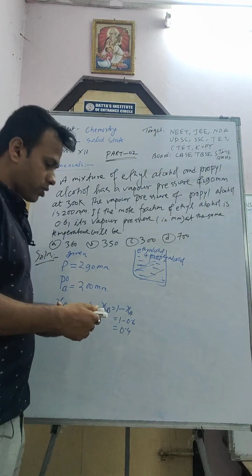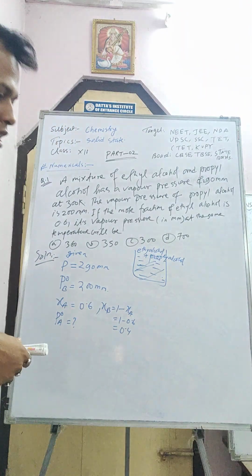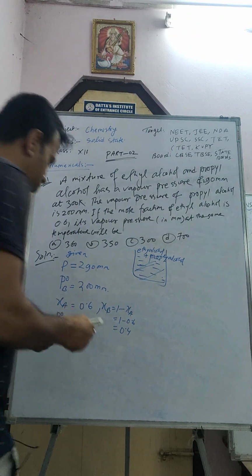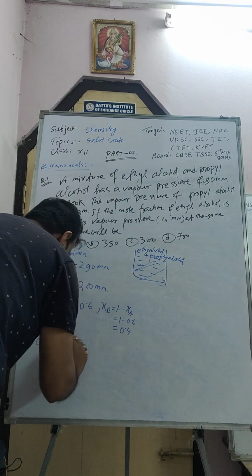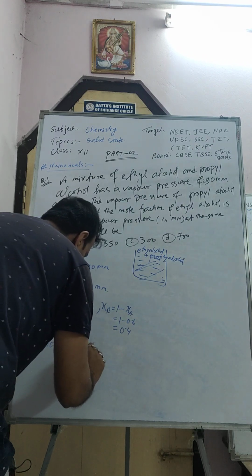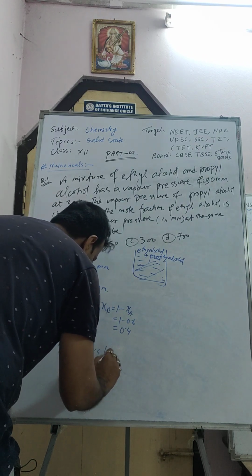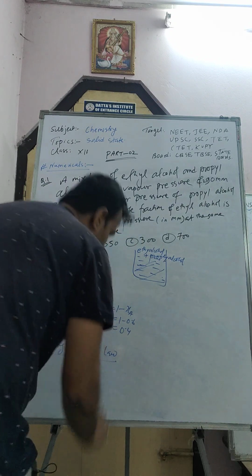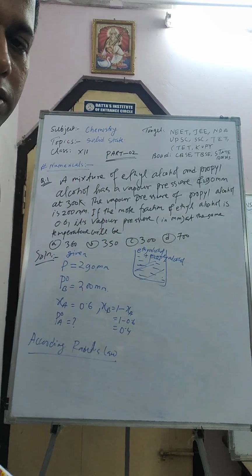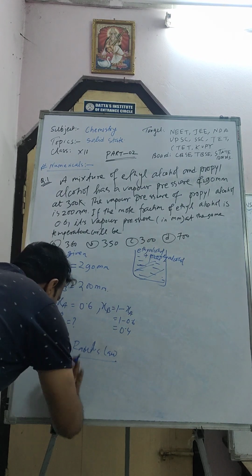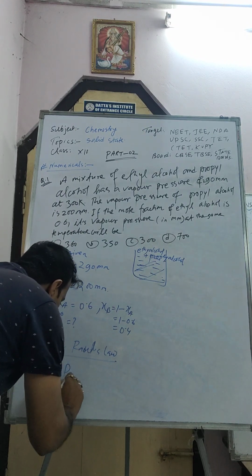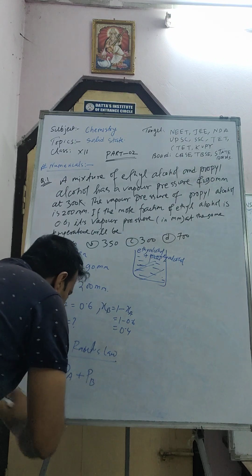So now, according to Raoult's law, we know that P equal to PA plus PB, right?